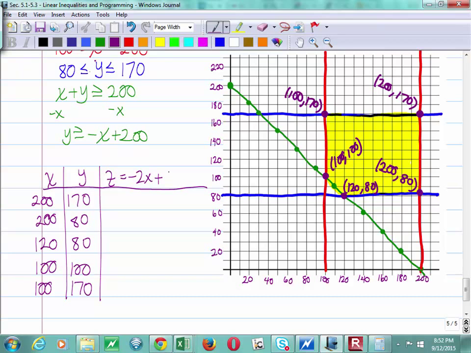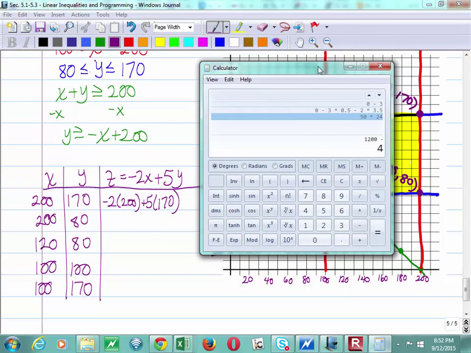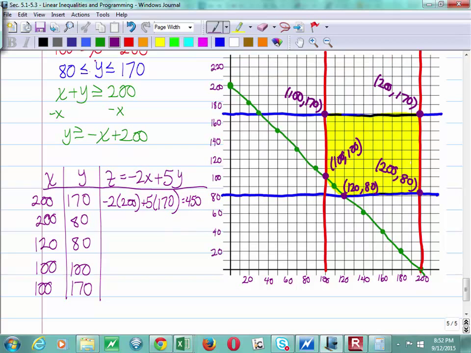So z equals negative 2x plus 5y. So negative 2 times 200 plus 5 times 170. That's negative 400 plus 5 times 170 equals 450. Then negative 2 times 200 plus 5 times 80, that's going to be 0.